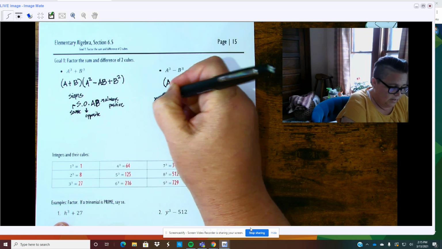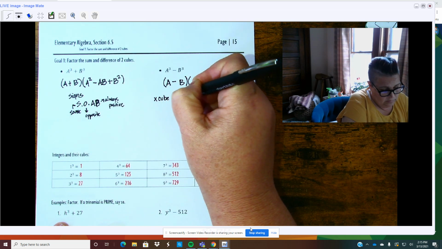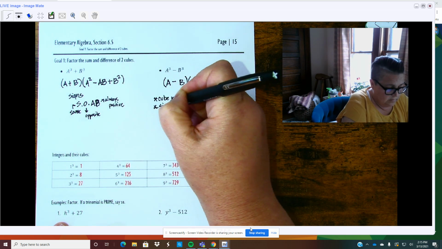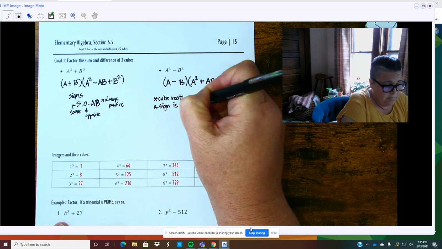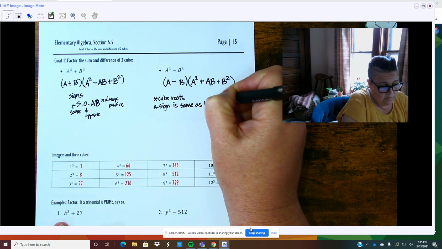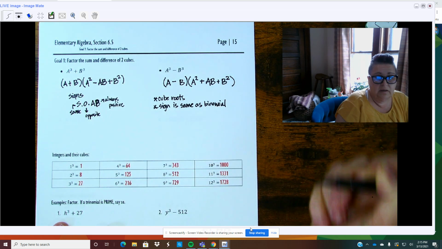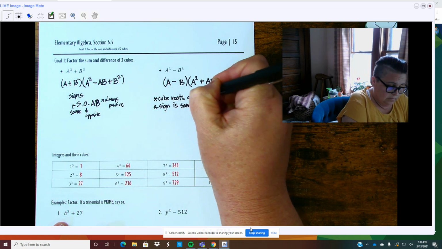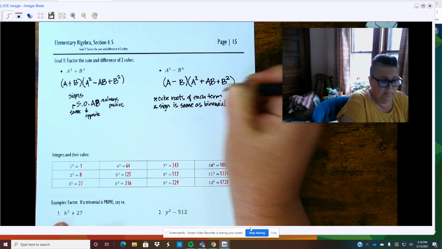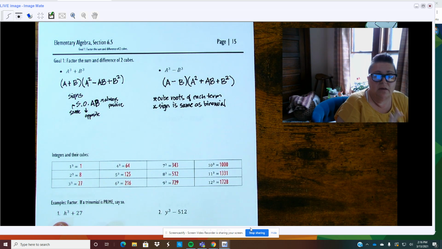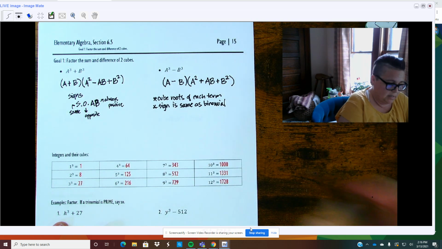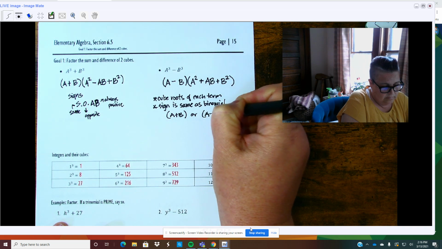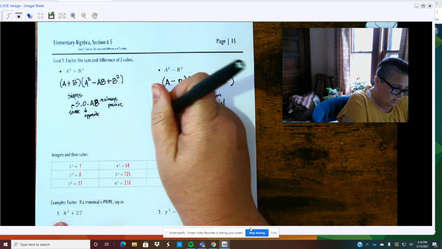All right, so we start with the cube root. The sign is the same as the binomial. So we want the cube roots of each term, and the sign between them is the same as whatever was in the original binomial. That gives us our first part, a plus b or a minus b. The second bit is the trinomial.